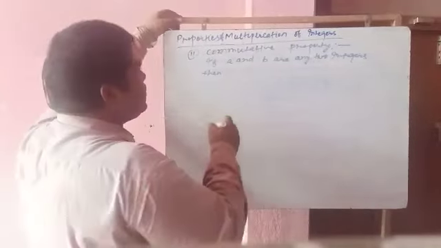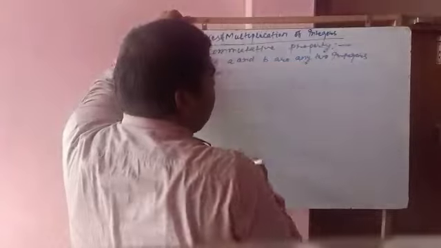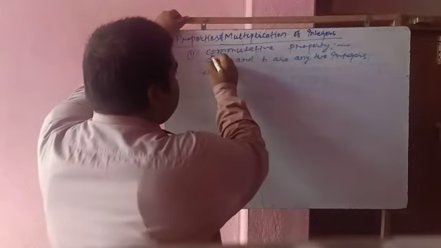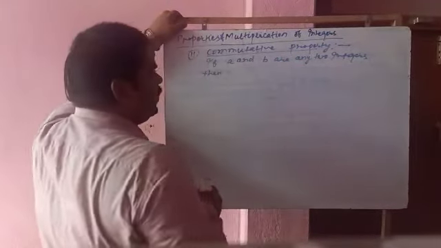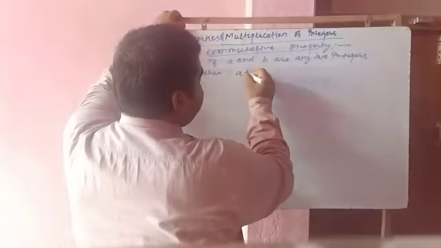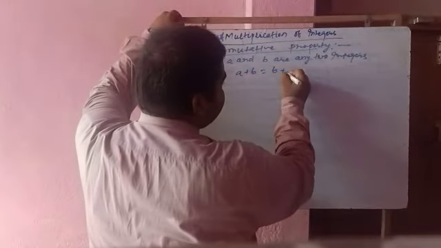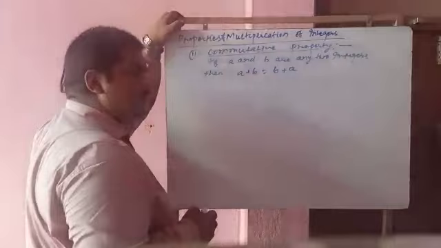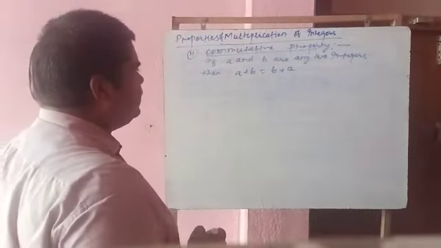My dear students, if a and b are any two integers, then according to the commutative property of addition, a plus b is equal to b plus a. It doesn't follow any order of the integers.